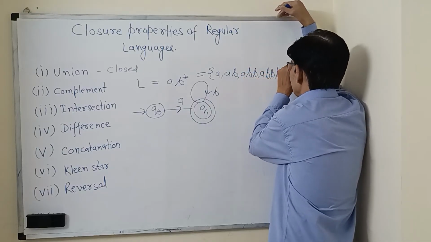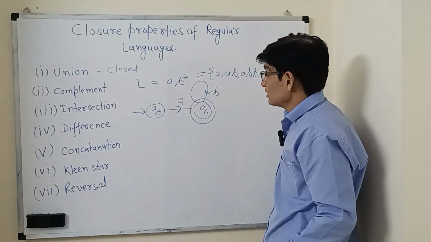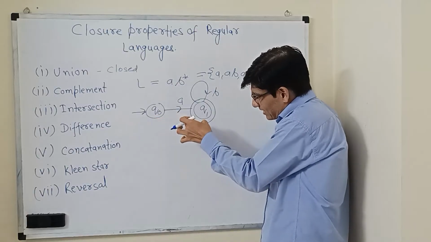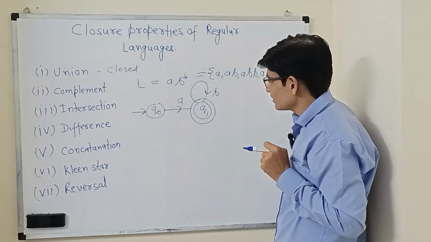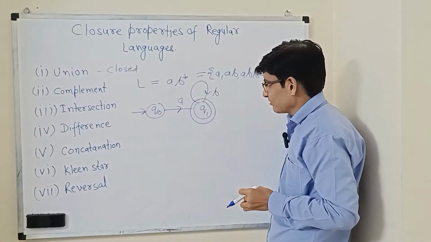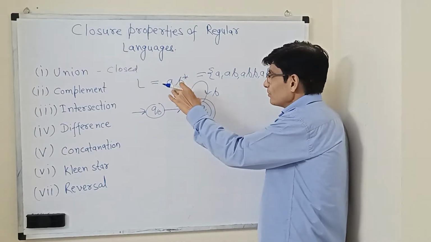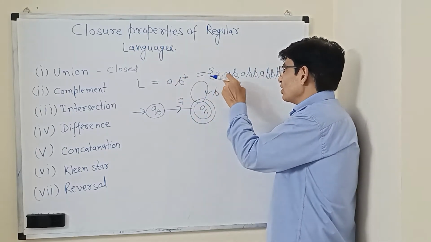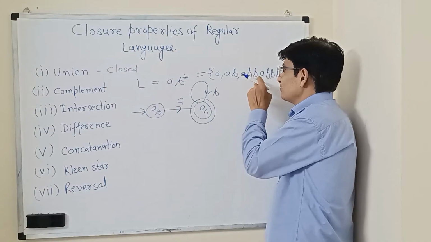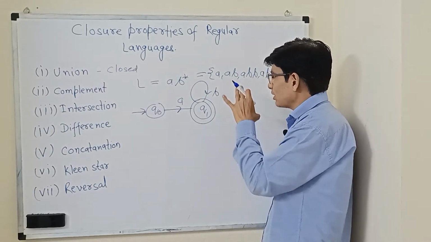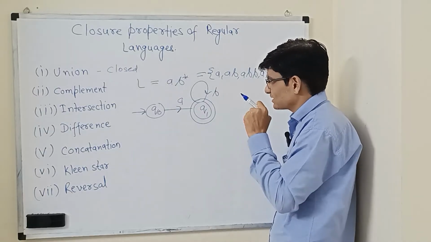So this would be an infinite set. Now for this particular language, we have created one DFA here. If I want to represent the complement of this language, then we can create a machine that will not accept any of these strings. So how can you create such a machine?